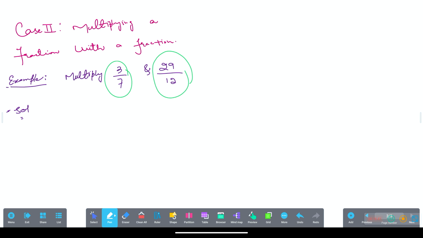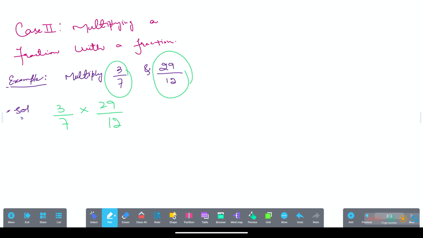Let me write both fractions, 3 by 7 into 29 by 12. Now first thing what you have to do, the way you have done in the previous part, you will take the cancellation between the fraction's own numerator and denominator and the cross cancellation as well.